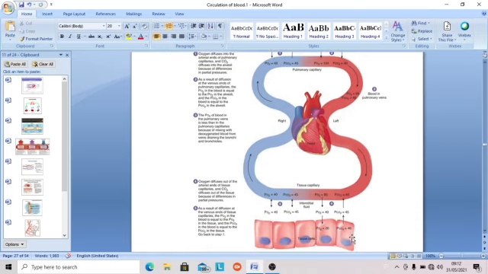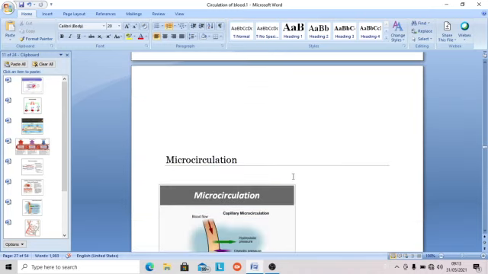In the tissues, PCO2 is 46 and PO2 is only 20. So there is exchange, and toward the venous end of the capillaries, PCO2 becomes 45 and PO2 has become 40, because a lot of oxygen has been given up. And then the same is transported in the inferior and superior vena cava. So this is the way the exchange of gases occurs in the respiratory membrane.